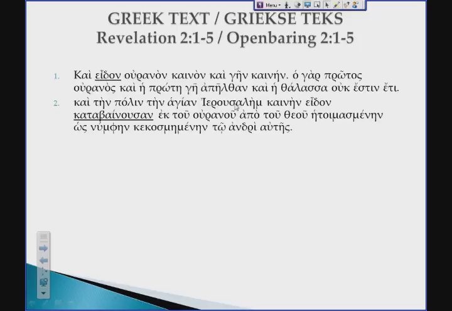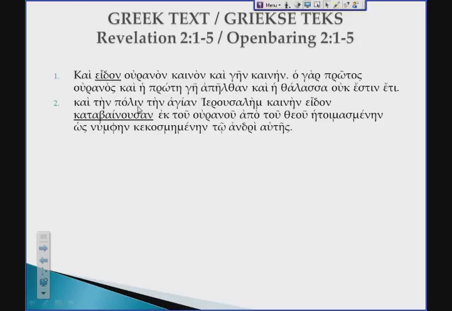A new Jerusalem, but again it is described. It's a holy Jerusalem. No, what is that again, Pauline? Holy. Yes. It's a city.